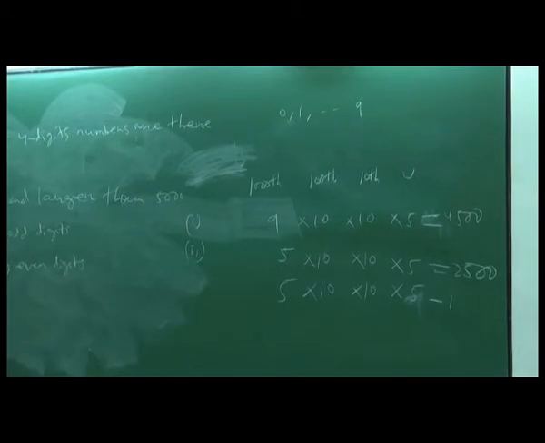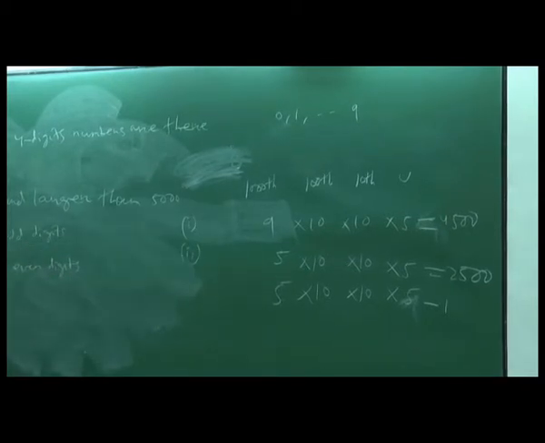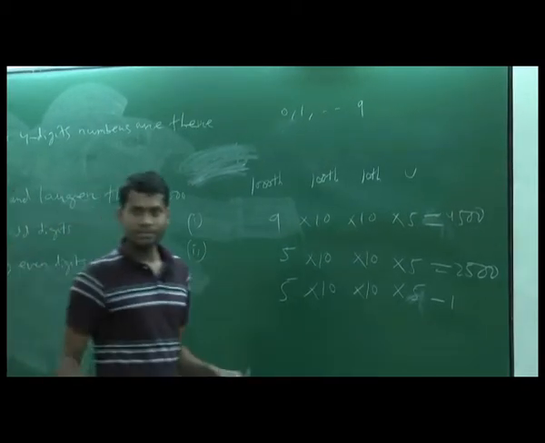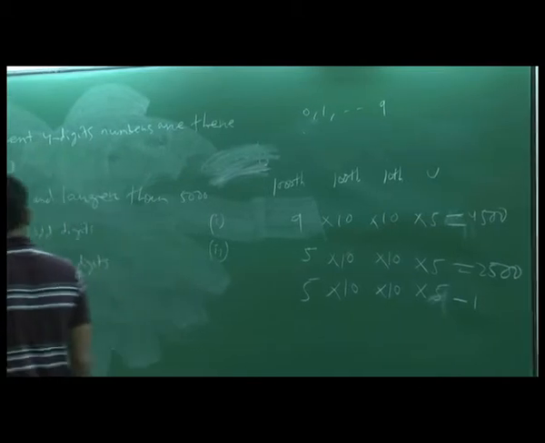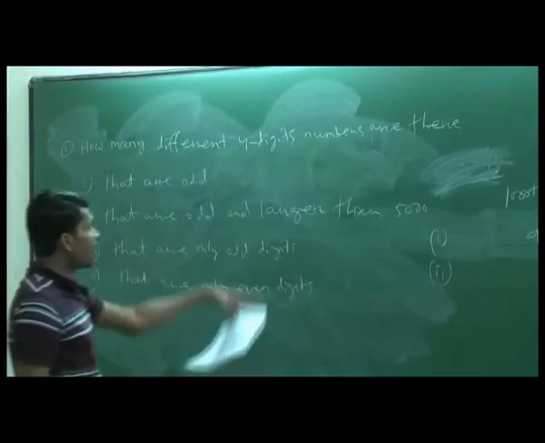So that number we should exclude. If we ask larger than or equal to, then we will include that one. So 2,499. Understood?